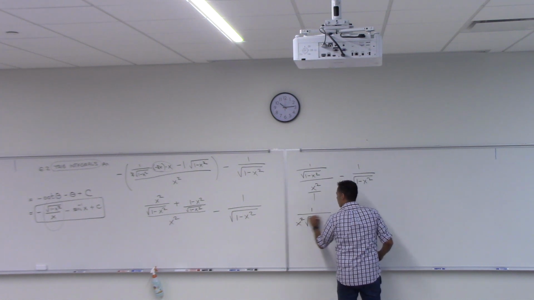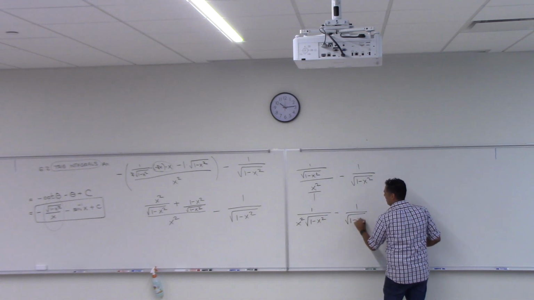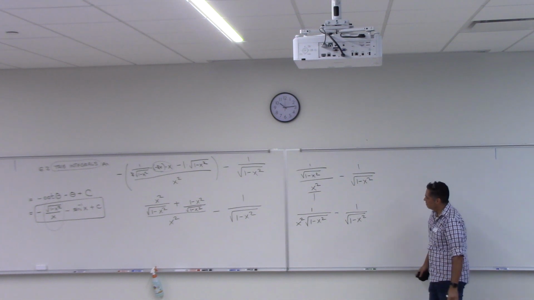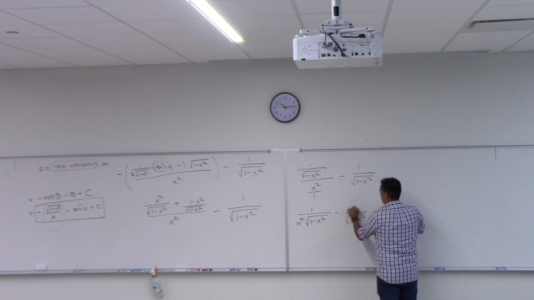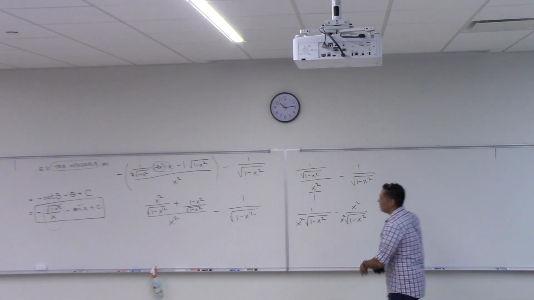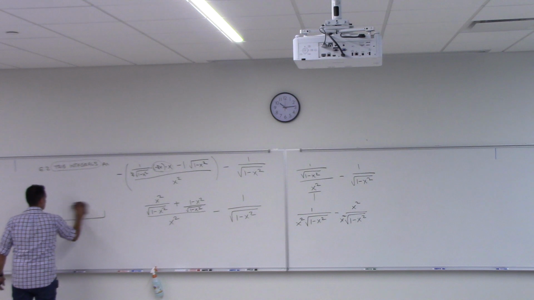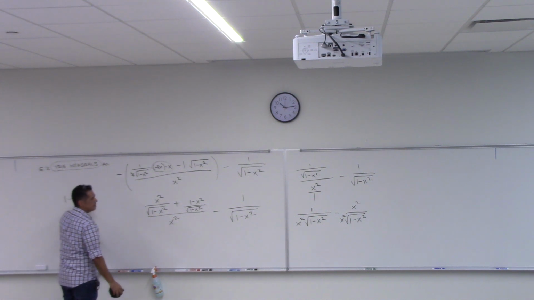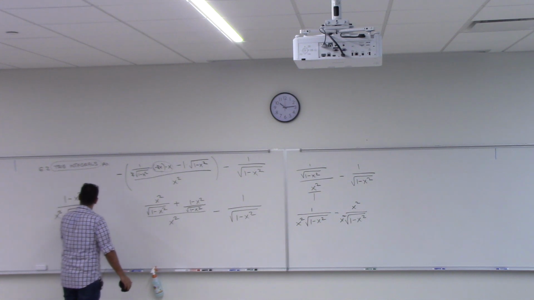X squared, square root of 1 minus x squared, minus 1 over square root of 1 minus x squared. Common denominator. So x squared. Okay, so I have x squared there, x squared there. I put them together. What do I have? 1 minus x squared on top, right? On the bottom, x squared, square root of 1 minus x squared, right?